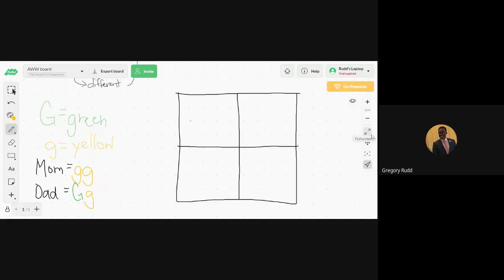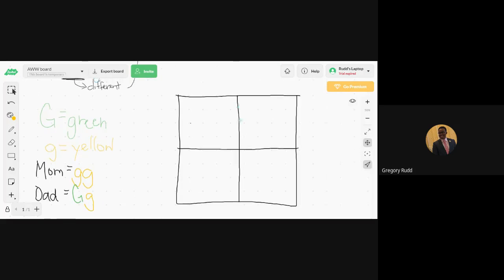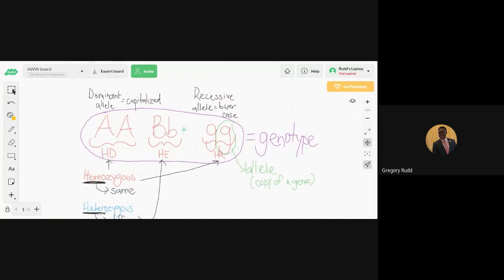Let me say that one more time. Anytime I have a heterozygous genotype, meaning one capital and one lowercase, it will still express the dominant trait. So this dominant allele is going to take over the smaller allele.